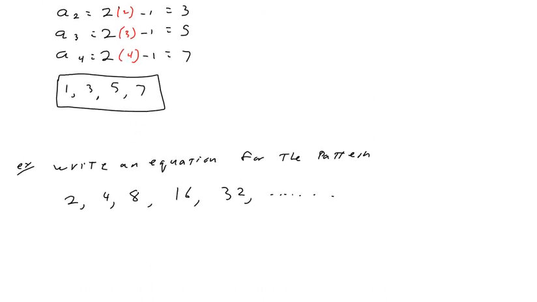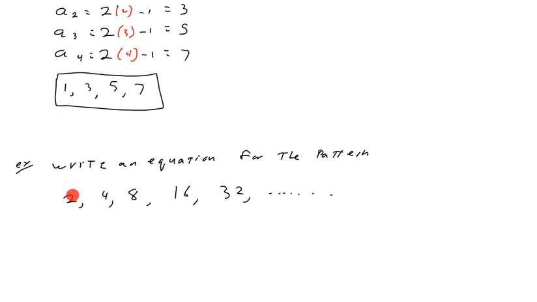We're looking for this a sub n equation. We're looking for this main equation here. Let's look at this. What is this pattern doing here? What is happening in this pattern of numbers? 2, 4, 8, 16. What are we doing here? What pattern is that?